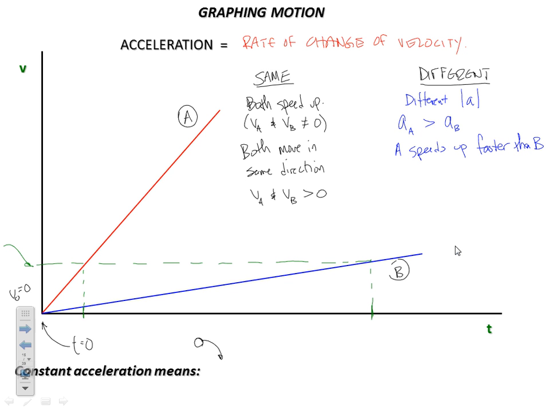What else is different? Well, certainly v final A is greater than v final B. I'll go back to saying for the same, v initial A and v initial B are both 0. That's the same for both.